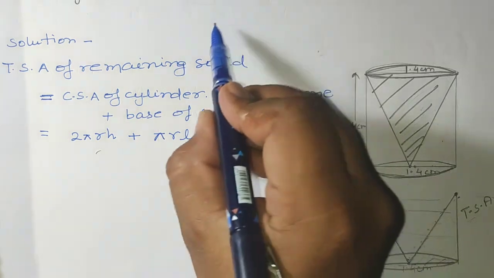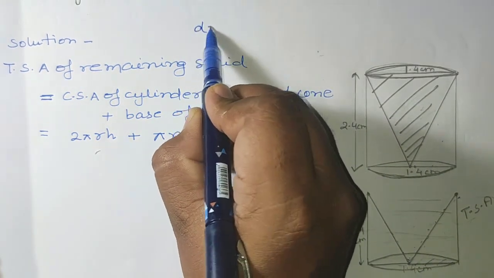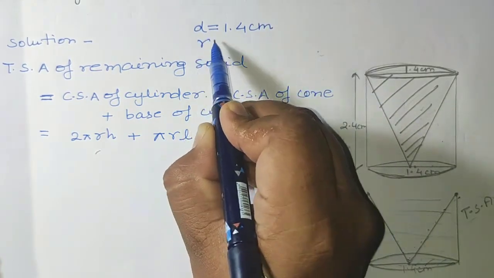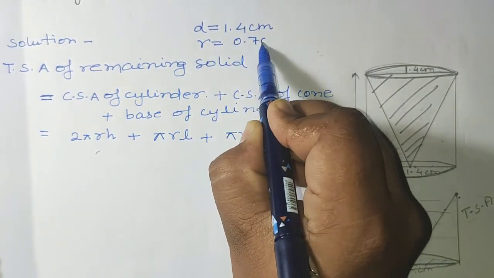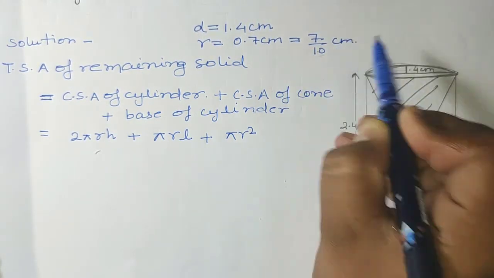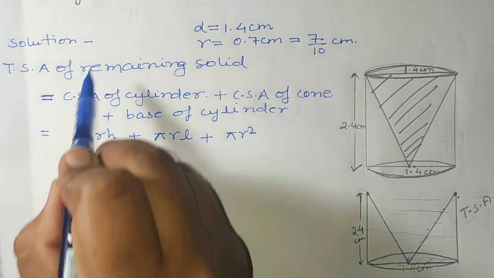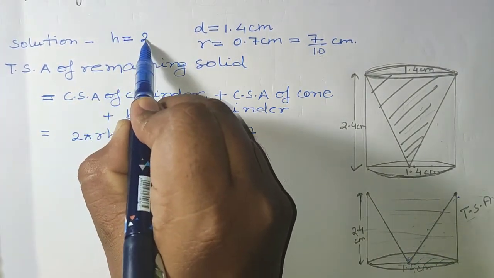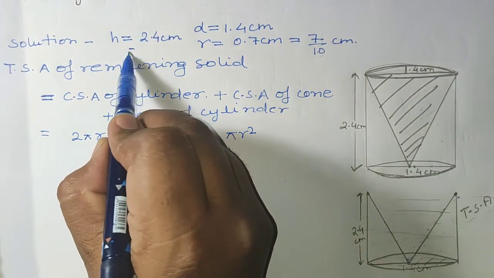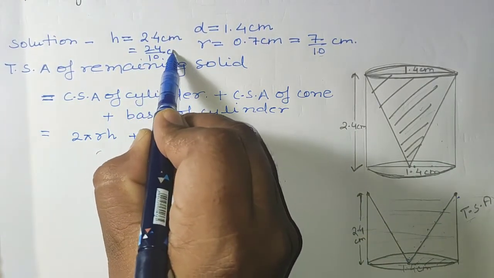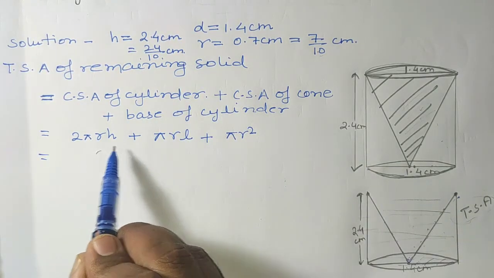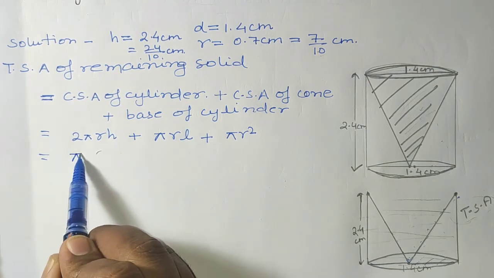We know that if diameter is given 1.4 centimeter, then R will be 0.7 centimeter, or we can write it 7 by 10 centimeter. Height is given 2.4 centimeter, so we can write it 24 by 10 centimeter. Okay students, now just take pi r common from everywhere.